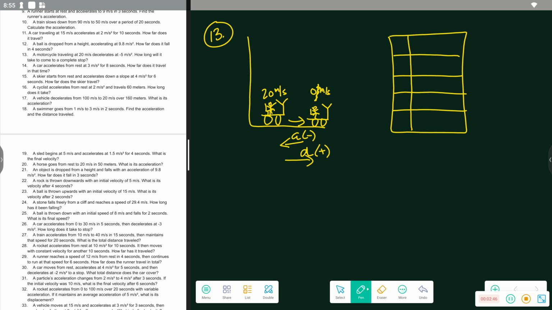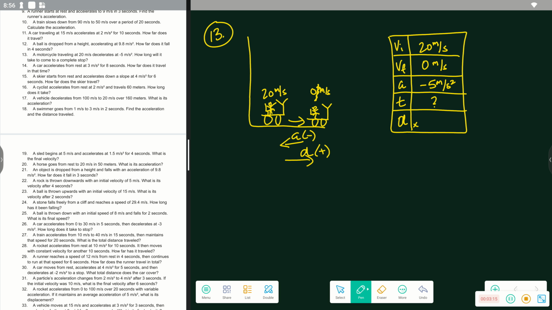So VI, VF, A, T, D. All right, so 20 meters per second, 0 meters per second. Acceleration is negative 5 meters per second squared. How long will it take to come to a complete stop is what you're solving for. Time, you don't have displacement, and that's fine. You don't need displacement to be able to do that.